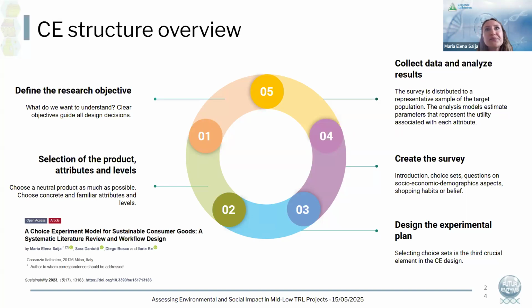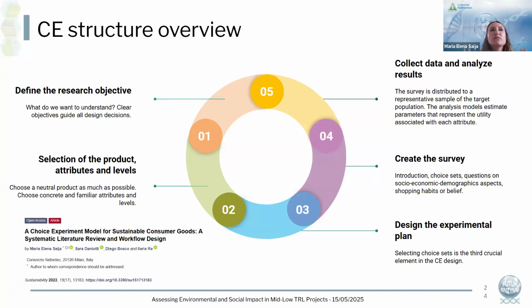After that, the survey will be distributed to a representative sample of the target population, and we have to choose an analysis model that allows us to estimate parameters that represent the utility associated with each attribute.